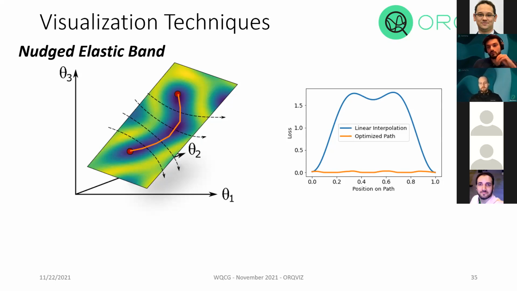These are tools to understand step by step what we're doing, and all of this is connected to loss function evaluation and simulation cost, the nudged elastic band more so because it requires not only function evaluations but gradient evaluations. That's in general much more costly. But with 6 or 8 qubits, these scans you can do in a couple of seconds, depending on how fast your simulator is.